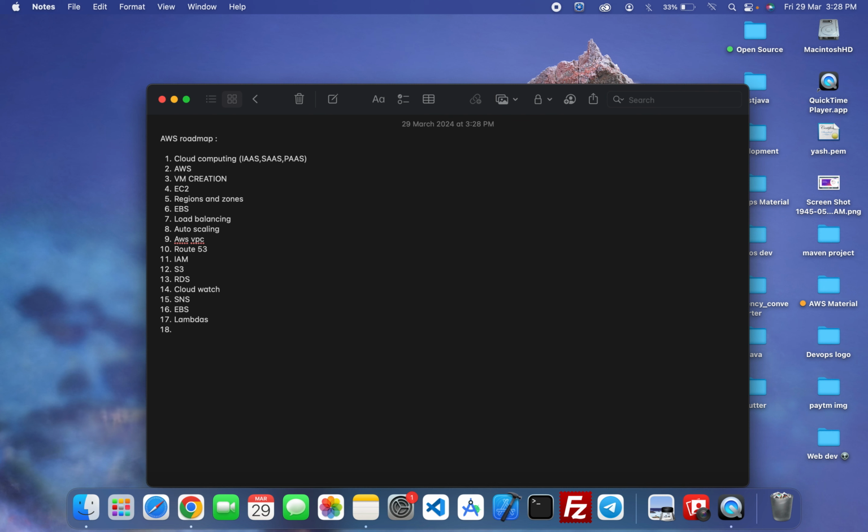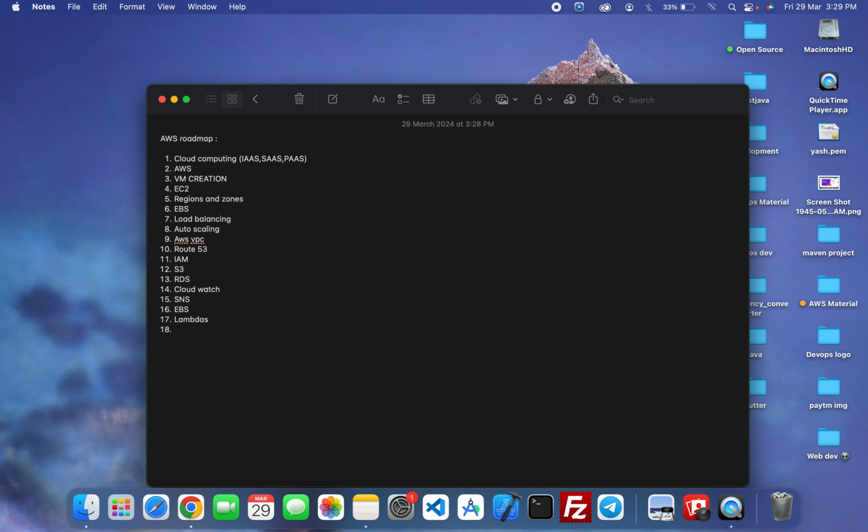Serverless computing is just that we don't need to create servers to deploy our application. We just give our source code to Lambda, and AWS Lambda will control our application.